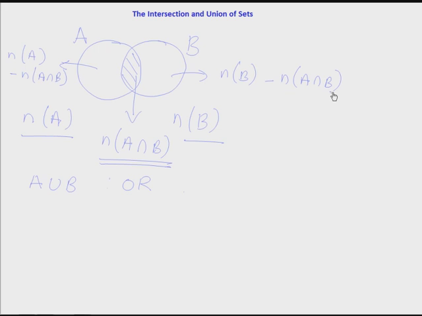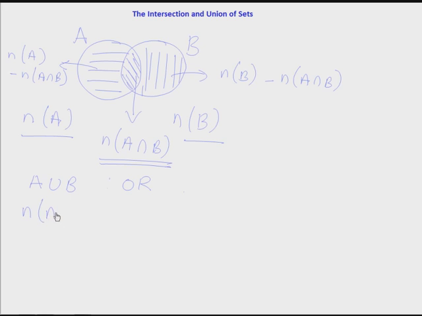Now we have three disjoint sets to consider: the set of elements that belong only to A, the set of elements in the intersection, and the set of elements that belong only to B. Clearly, the union of the two sets is the sum of these three disjoint sets.